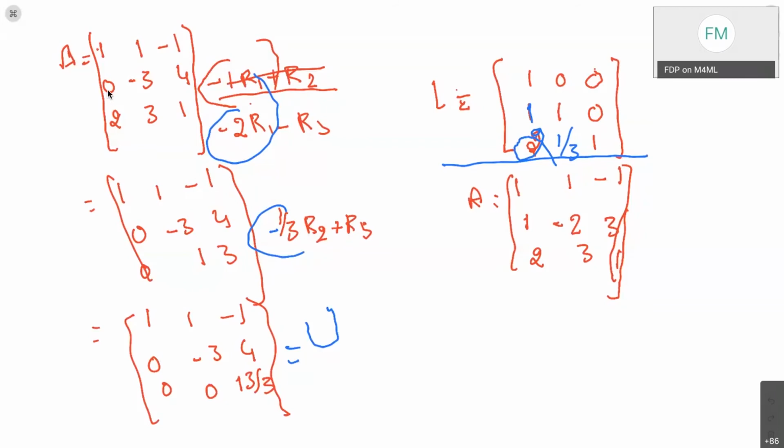To make this, we have to do minus R1 plus R2. The row operation will give you minus R1 plus R2. Just refer to this matrix, this is the A matrix. I want to make this element 0. What do I do? Minus R1.